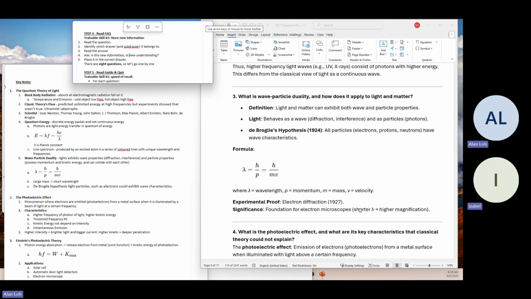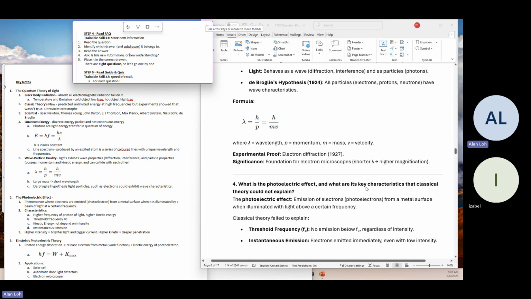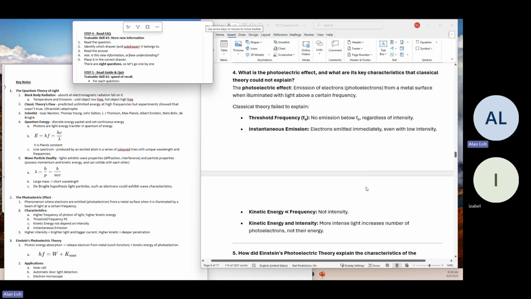Okay. All right, which drawer is this? Which sub-drawers? The double-sided coin. Excellent. Let's move to the next one. Okay, let's start.